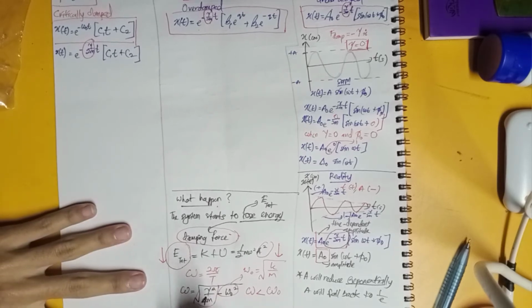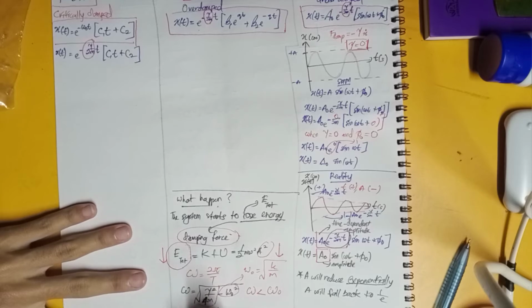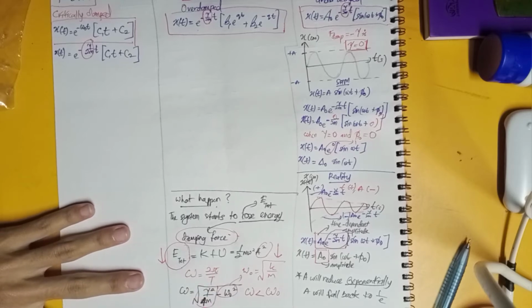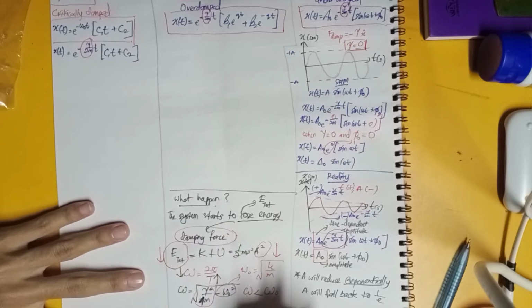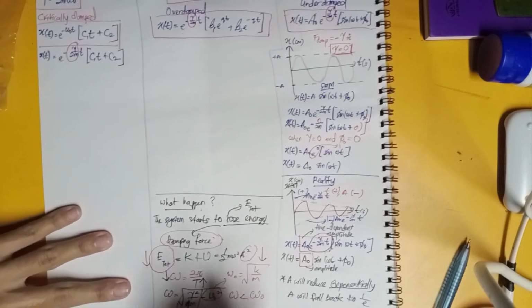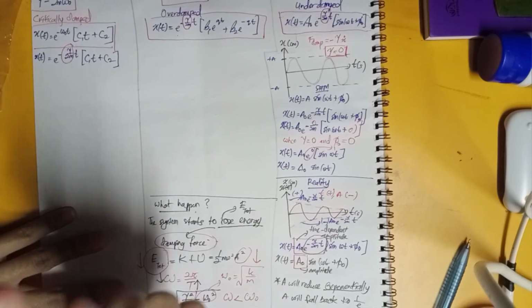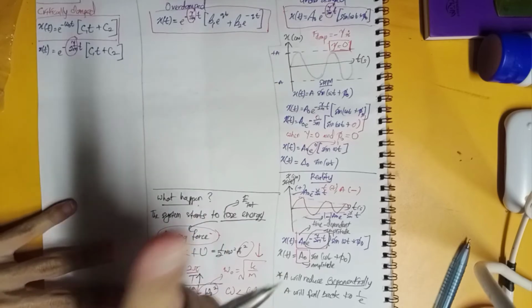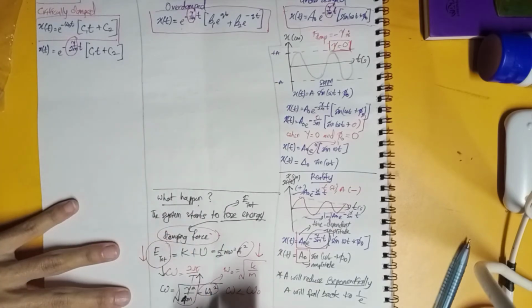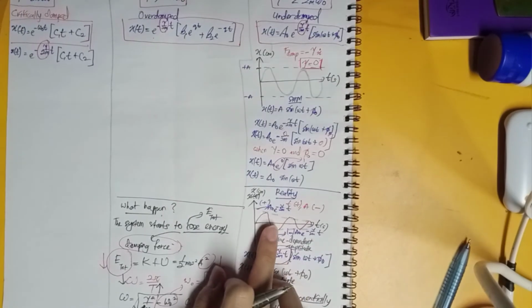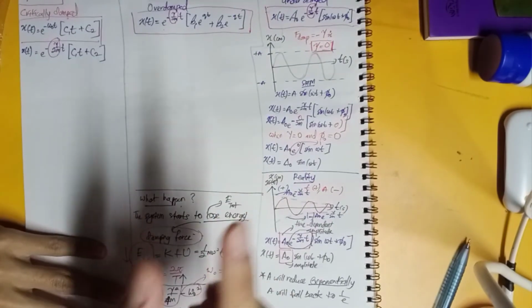We have omega naught equal to 2 pi over T naught. When omega is less, that means that the period is more. So this system takes more time to complete an oscillation.